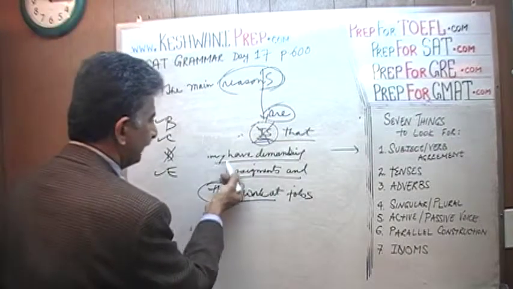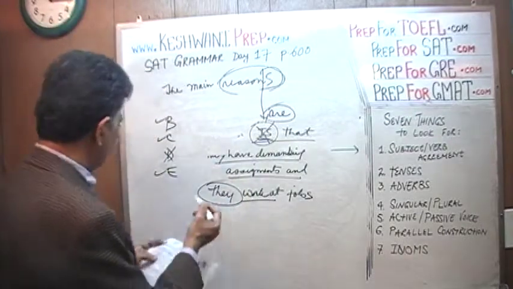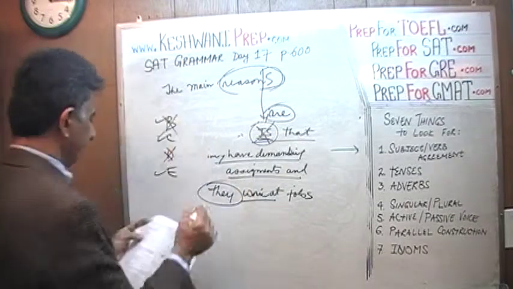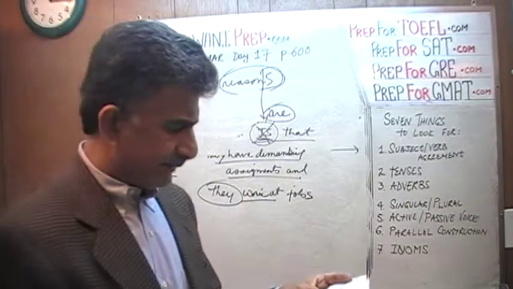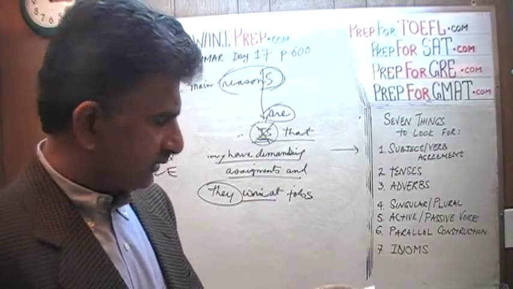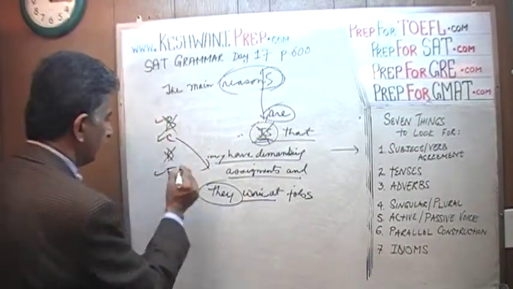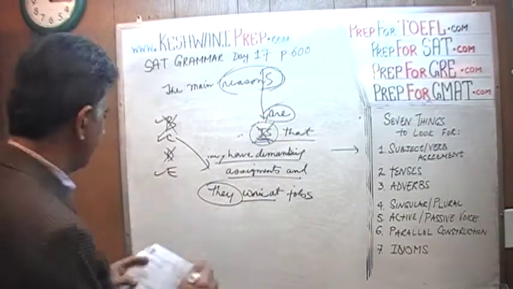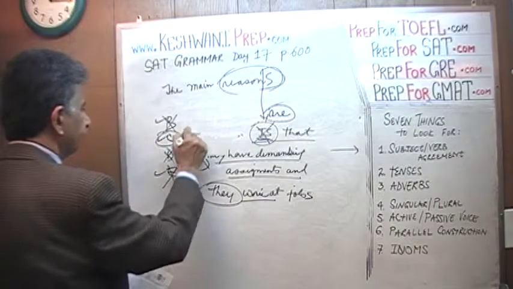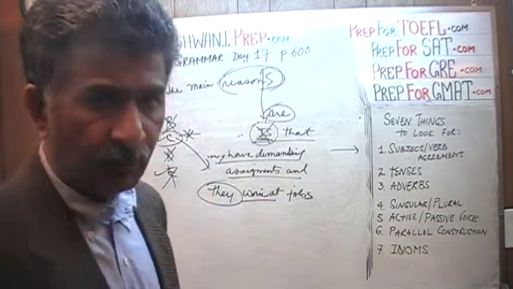Main reasons are that they have demanding assignment. B doesn't say that. C says the main reasons are that they have demanding assignment and they work at jobs. There you go. This is exactly what we put down here. And E says a demanding assignment in addition to working at. That's not it. The answer is C. C is the one that comes closest to it.